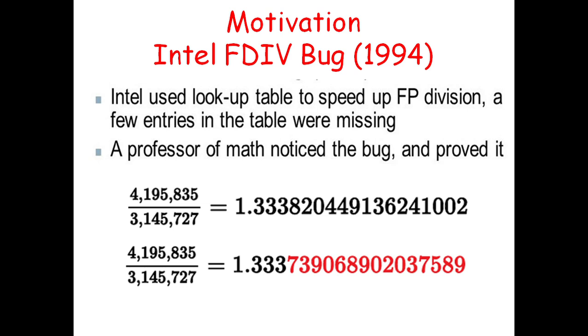A professor of math noticed that there is a bug, and he proved that when this number is divided with this number, the correct value of the result of the division is this one. But the Intel microprocessor that had the bug gave this result. So the digits in the red color are incorrect.